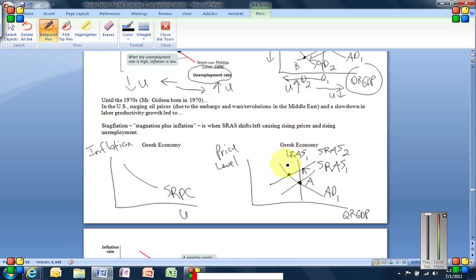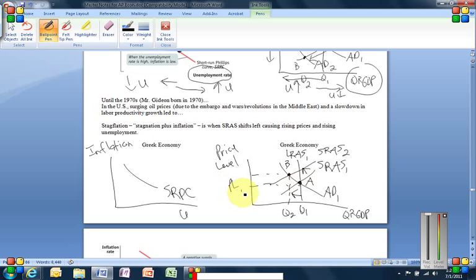This will be our point B. What does that mean in terms of prices and unemployment? Well, here are our new equilibrium points. If SRAS shifts left, then unemployment increases. Unemployment increases when we go from Q1 to Q2.